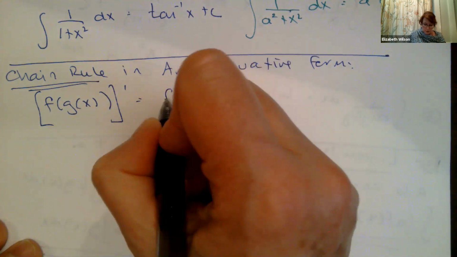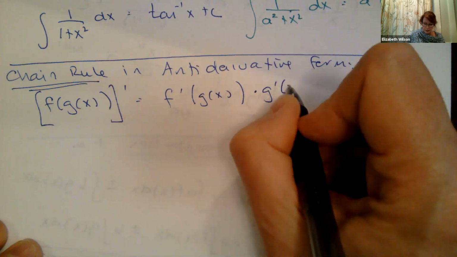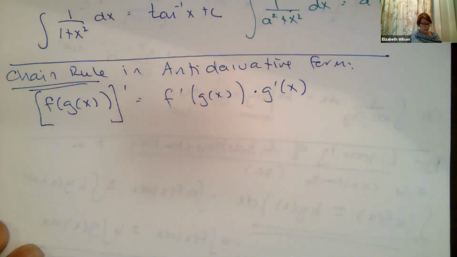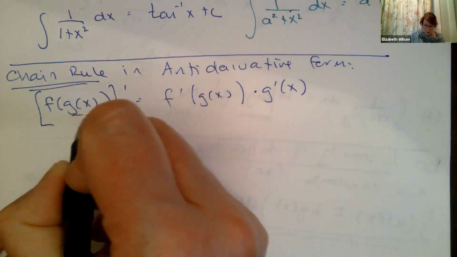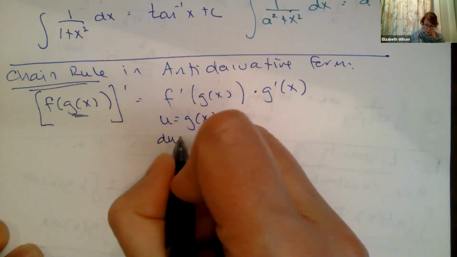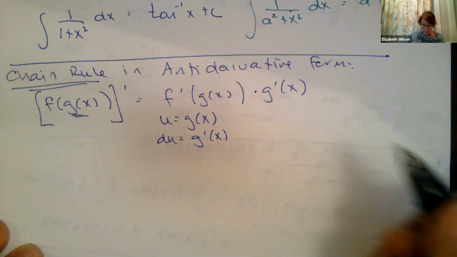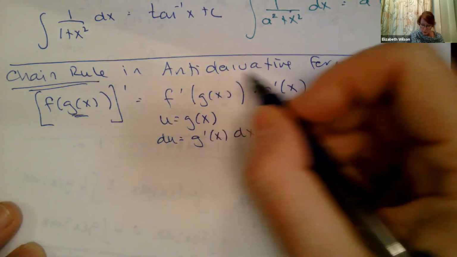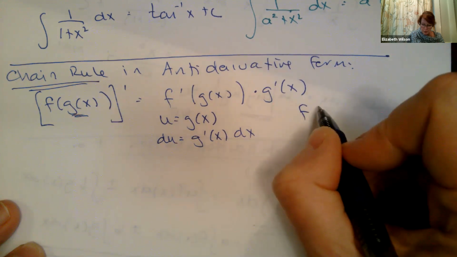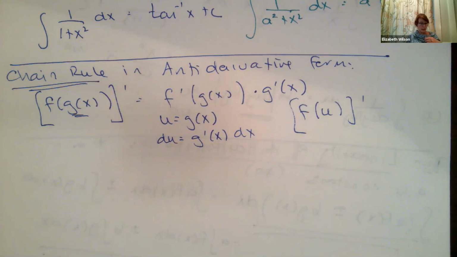So I took a derivative of the outside function, and then I had to nest down in for all the derivatives on the inside. And what I said was, oh, substitute. So u equals g of x, du equals g prime of x dx, right? And then I can substitute. So this just becomes f of u, and I'm taking that derivative. And then I substitute back to get my answer.